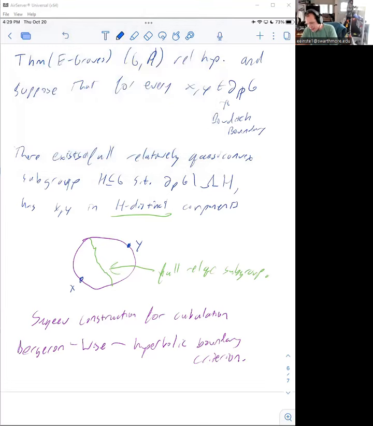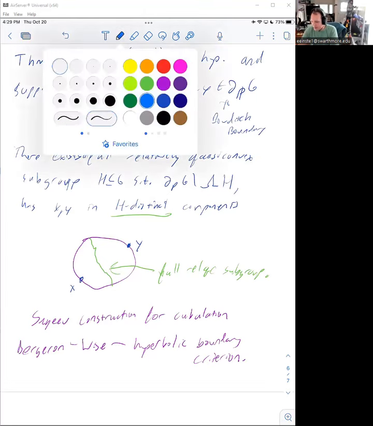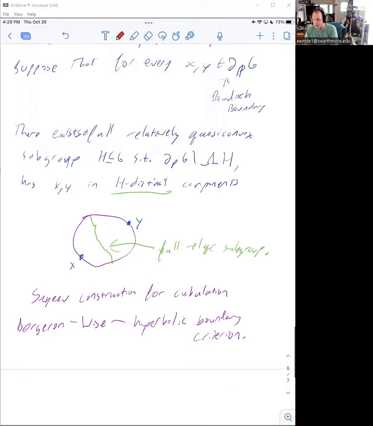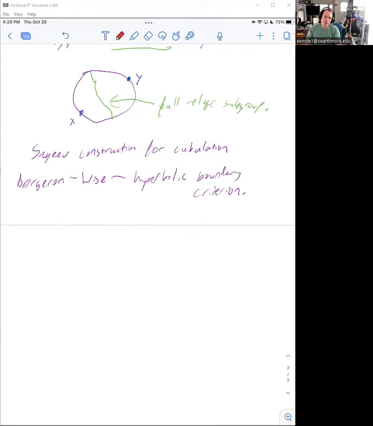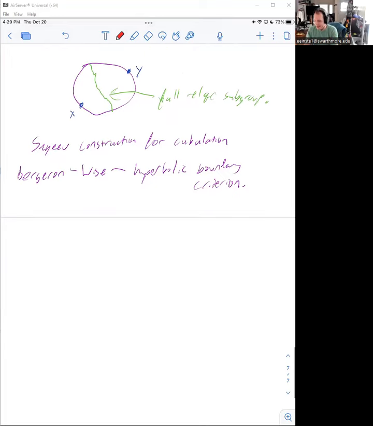Unfortunately, if you've ever thought about boundaries of groups, in particular hyperbolic groups, hyperbolic groups have nice boundaries. Relatively hyperbolic groups require a little bit more care. So I guess we should say, what is the Bowditch boundary here?